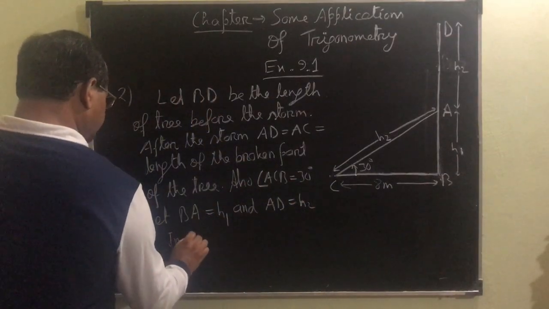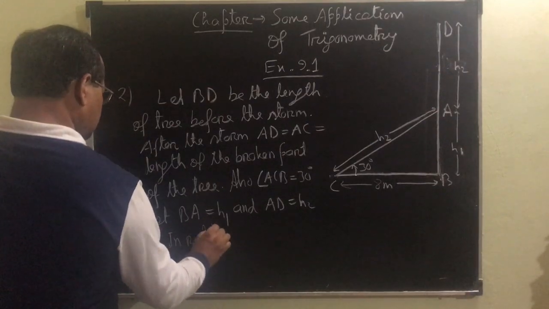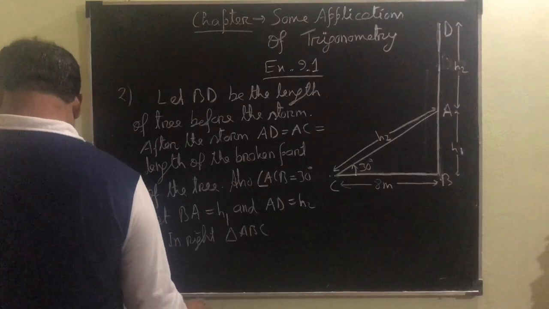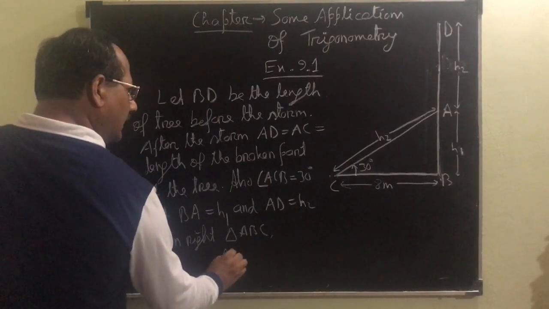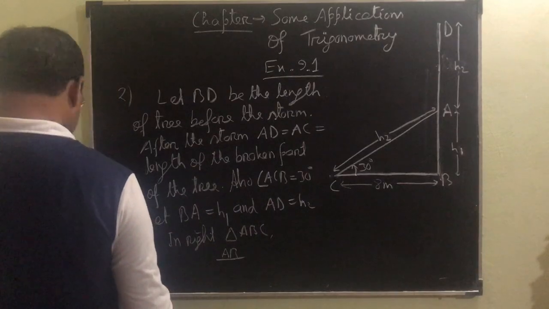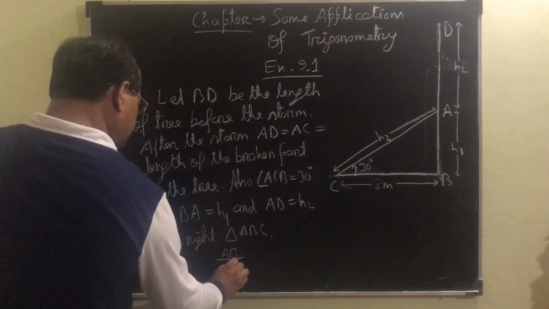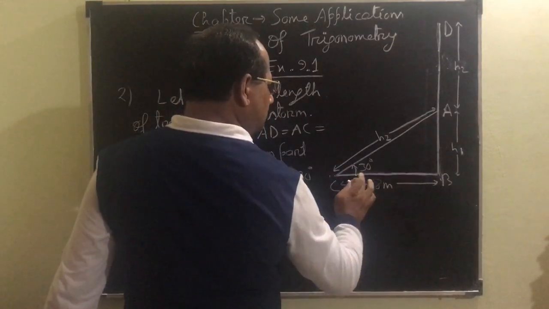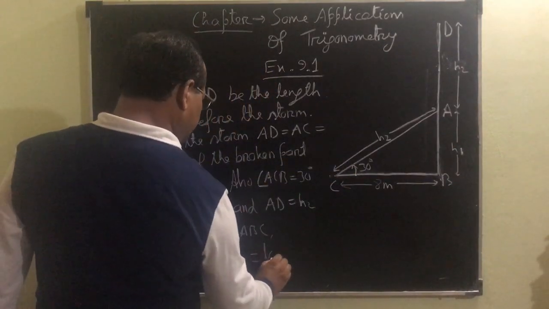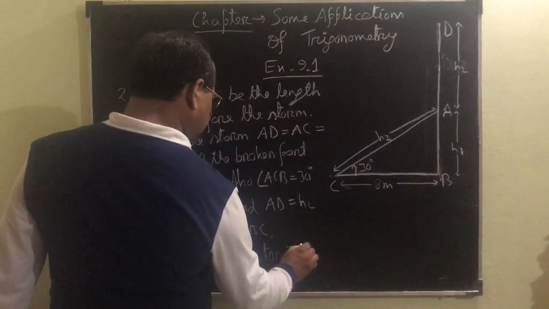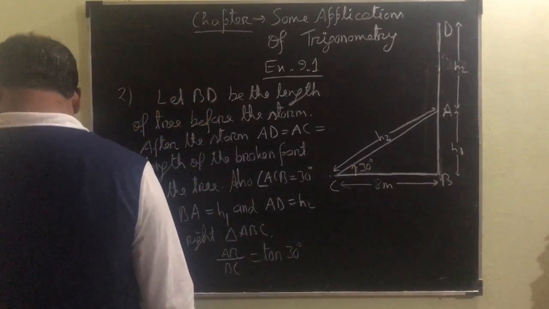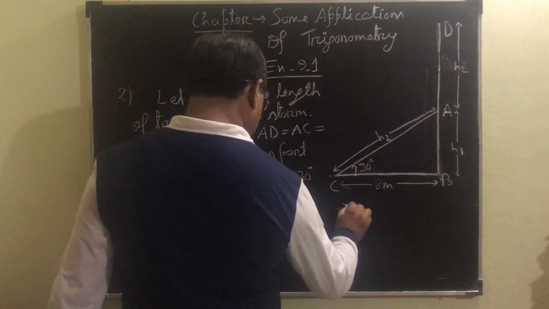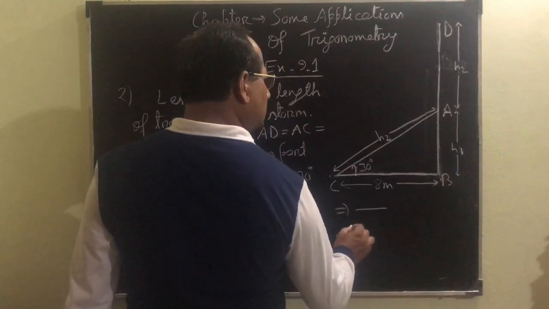In right triangle ABC, AB by BC equal to what? Perpendicular by base equal to tan of 30 degree. And BC is already given, so AB is what?